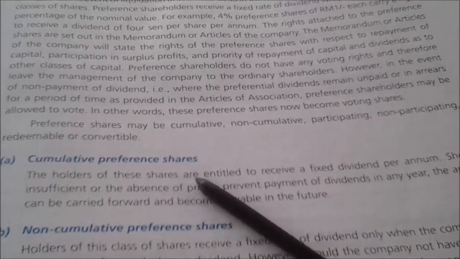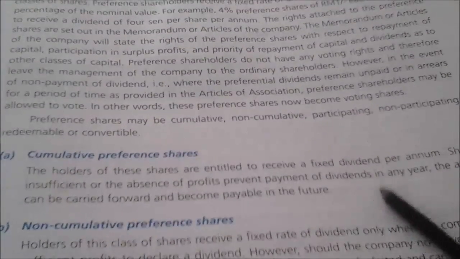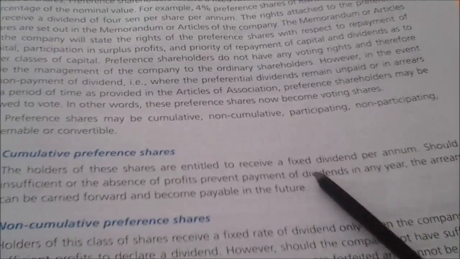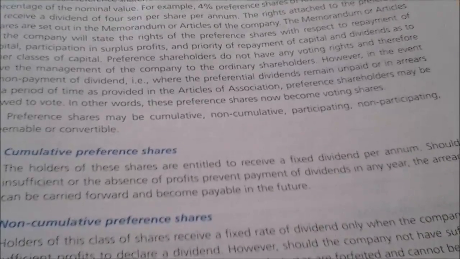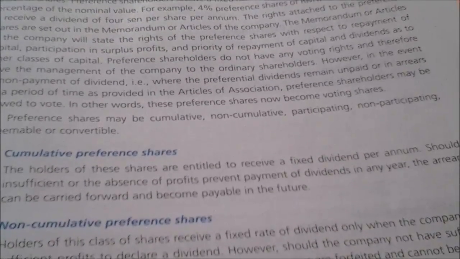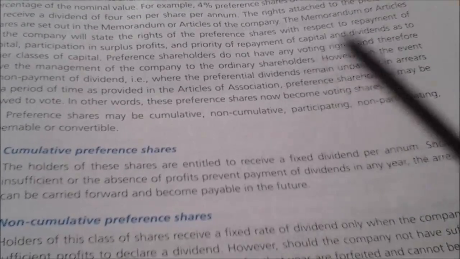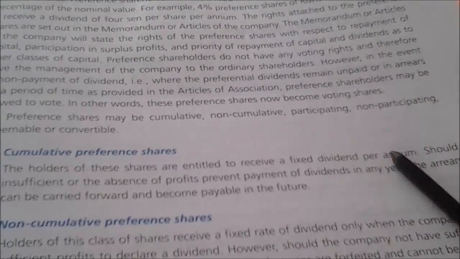Cumulative preference shares: the word cumulative is only to state that they are entitled to receive a fixed dividend per annum. In case the company is unable to pay the dividend, then it will be carried forward, accumulated to next year.